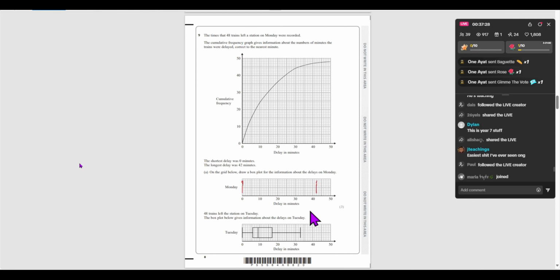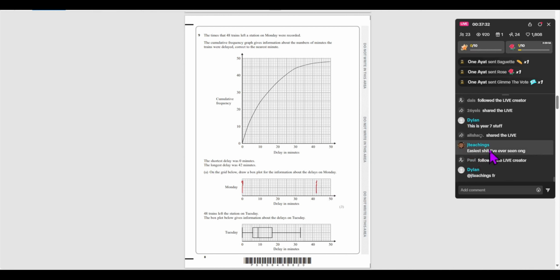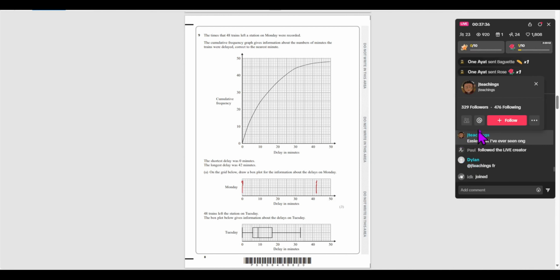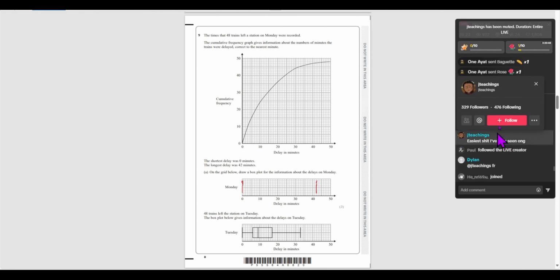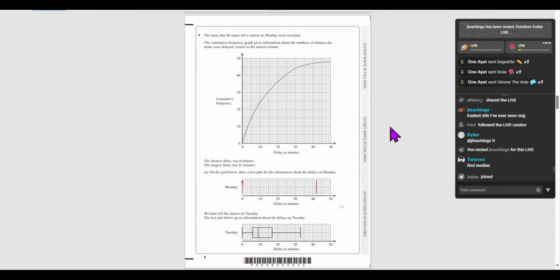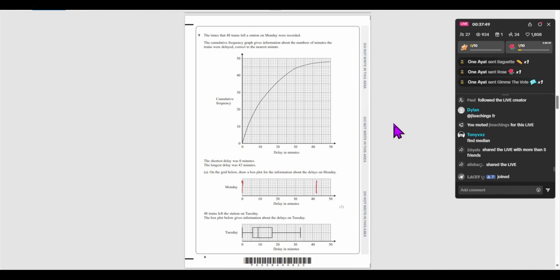And now after we've done this, does anyone know what we do after this? Yes, you would find the median.